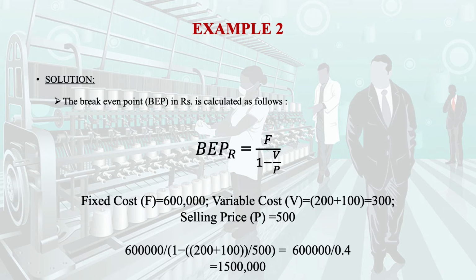If we calculate the break-even point in terms of revenue or money, it comes to 15 lakh rupees. If you go beyond 15 lakh rupees, you will earn a profit; below that, there will be a loss.